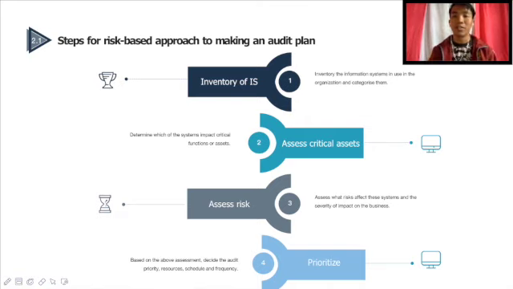Number 3, assess risk. Here we assess what risk affect these systems and the severity of impact on the business. Assessing risk may be crucial because you'll be considering greater cost associated to these systems, to these assets.